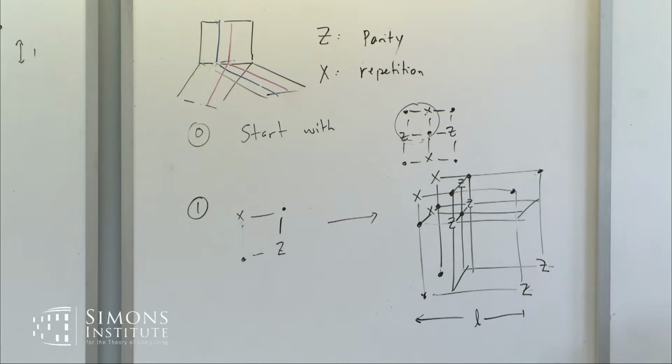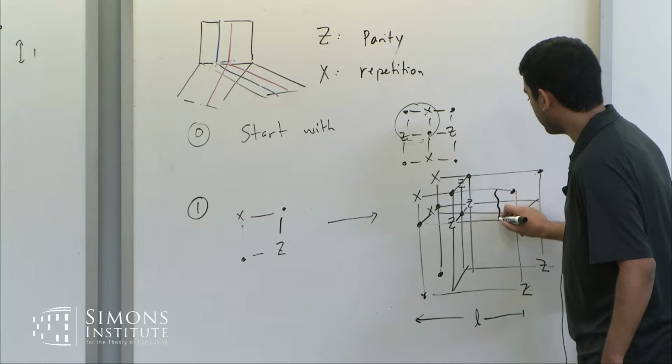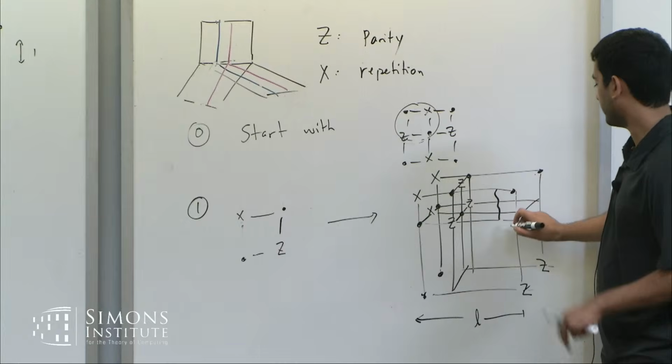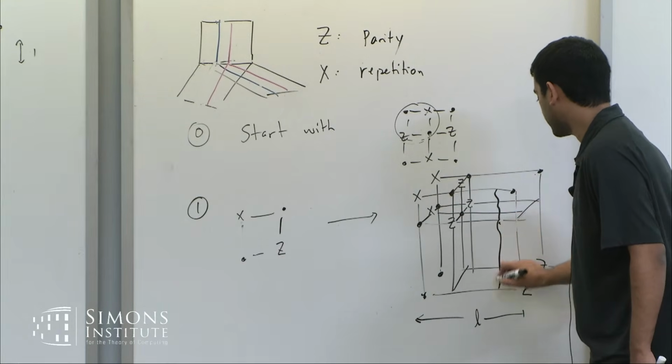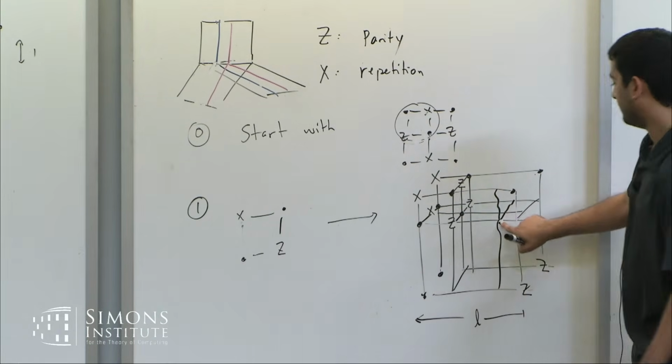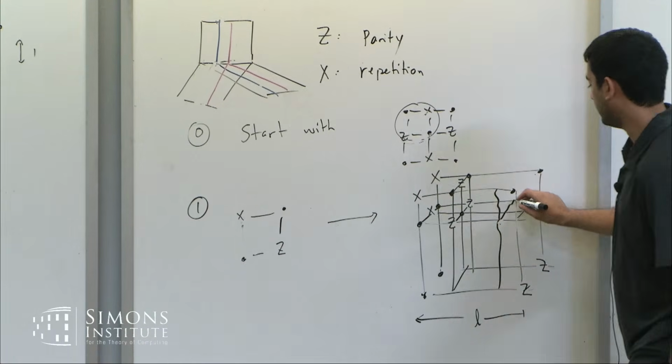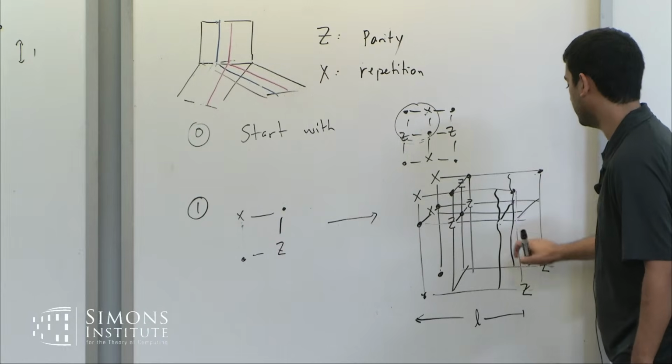And when I draw logical operators, they have the following property: if I try to draw a logical operator here, if it's a particular kind, say the X logical operator, it will split into a repetition. It will behave like it does in the repetition defect, and it will be forced to double.